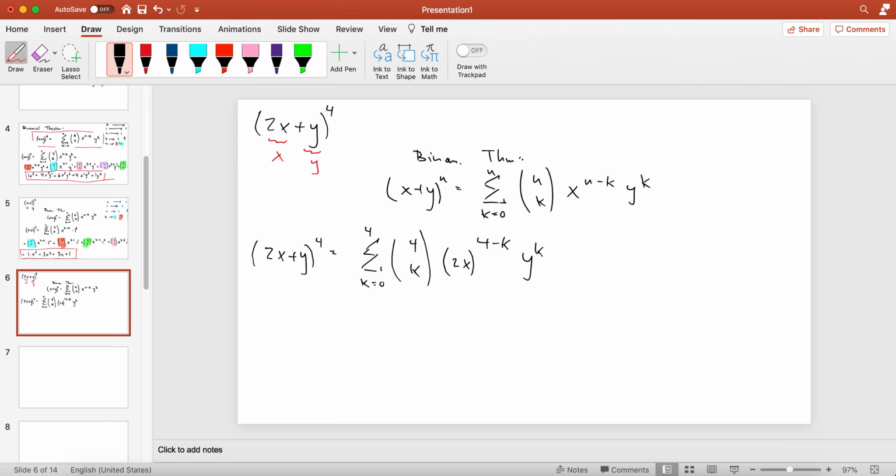My y is actually just y here. Okay, good. And now let's just expand this out. So this is going to be equal to 4 choose 0, 2x to the 4 minus 0.